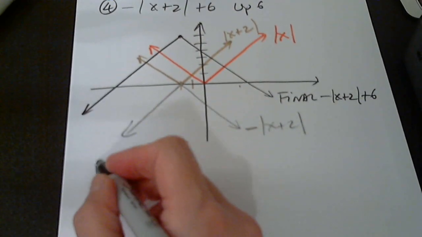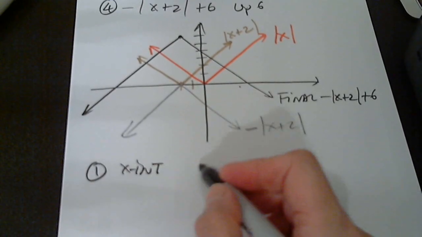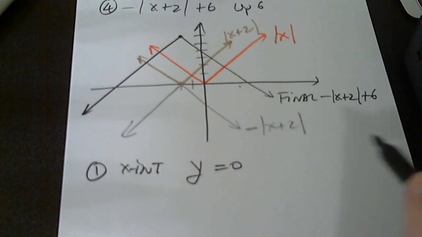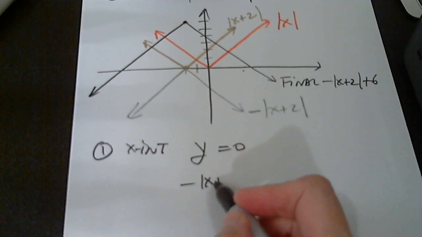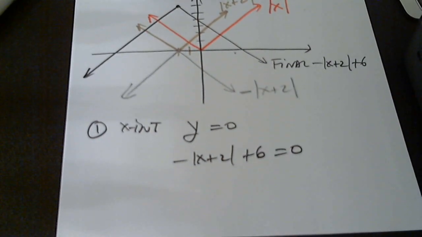So now, the x and y intercepts. X-intercept when y is 0. Negative absolute value of x plus 2, plus 6 equals 0. How do I solve this absolute value equation?